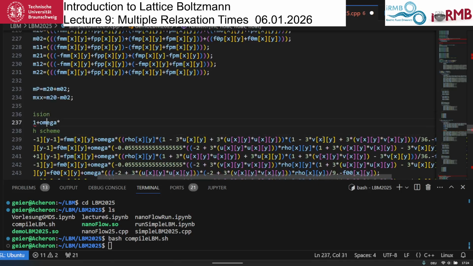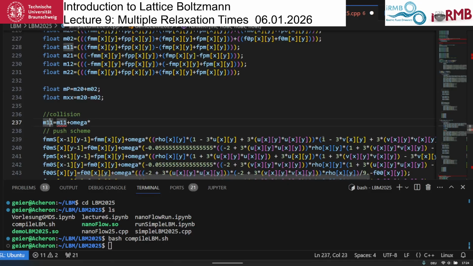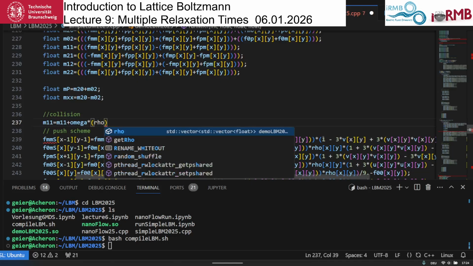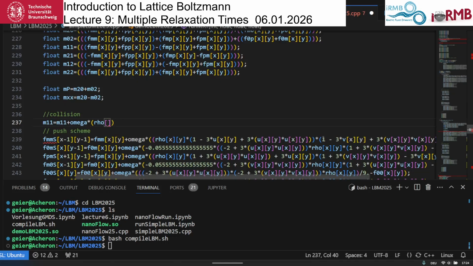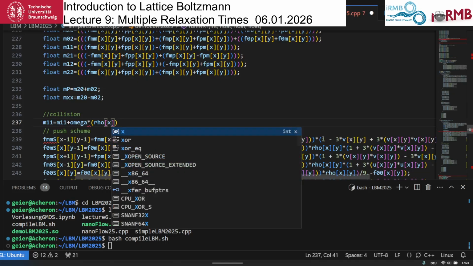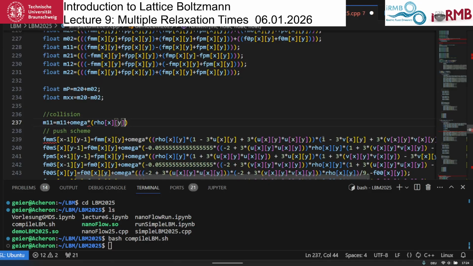So meaning we need to know what is the equilibrium of this thing. What is the equilibrium of M11? Yes, rho. So we have to use rho in the format that we have it here. Yeah, because we already saved this.